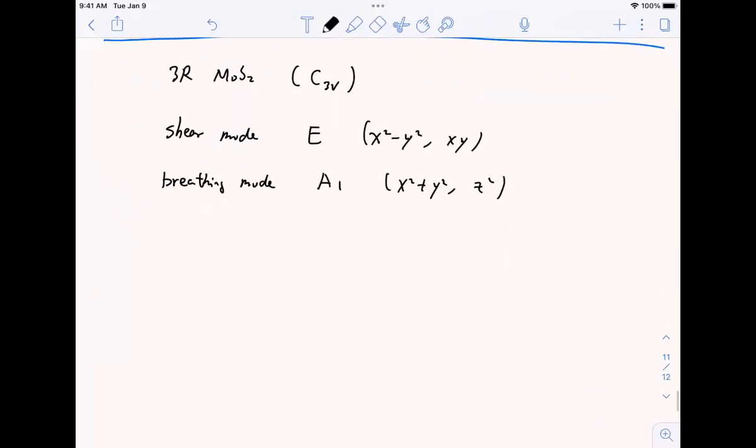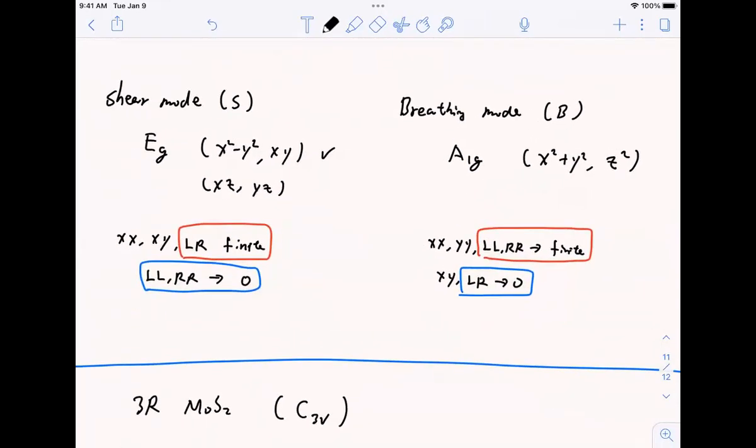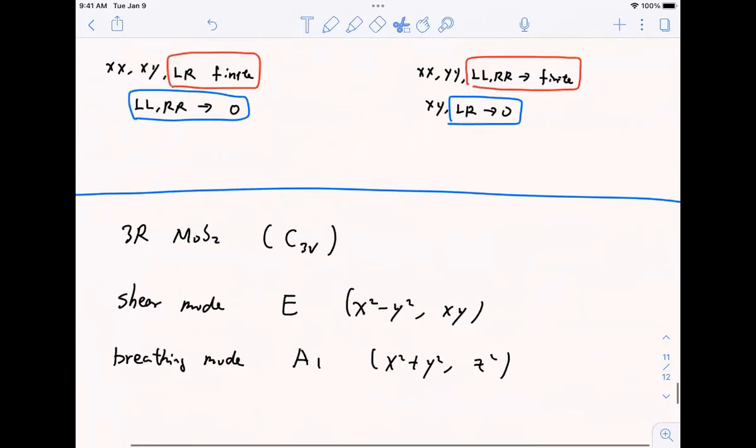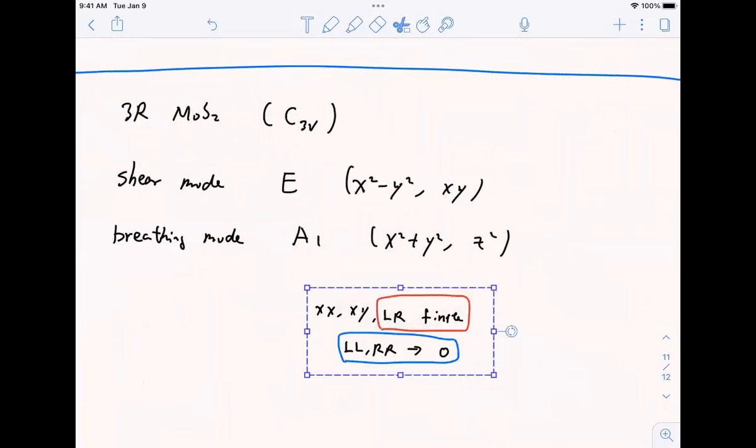Okay, so you can already tell, because here you have this one, right? Then you just directly copy the selection rule. I mean, you can see that the representation name is different, but it doesn't matter. When you see the tensor elements are the same, this determines the form of the Raman tensor. So the form of the Raman tensor is determined. Then you just paste.